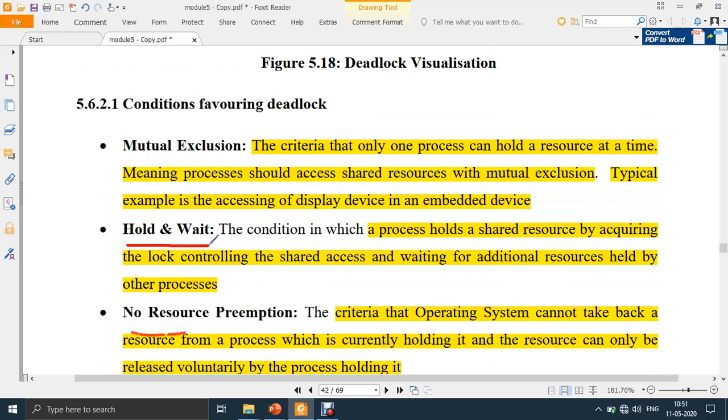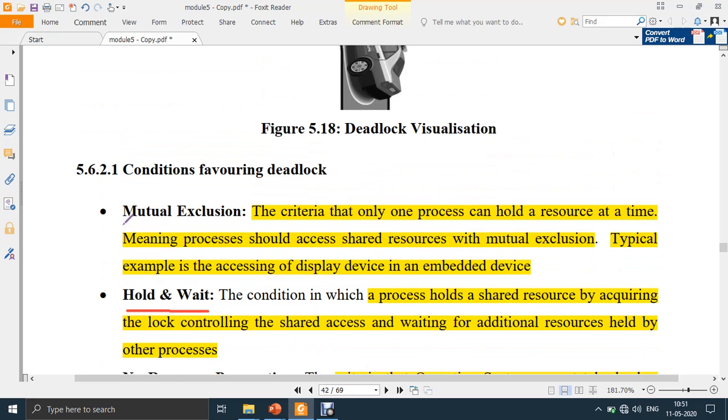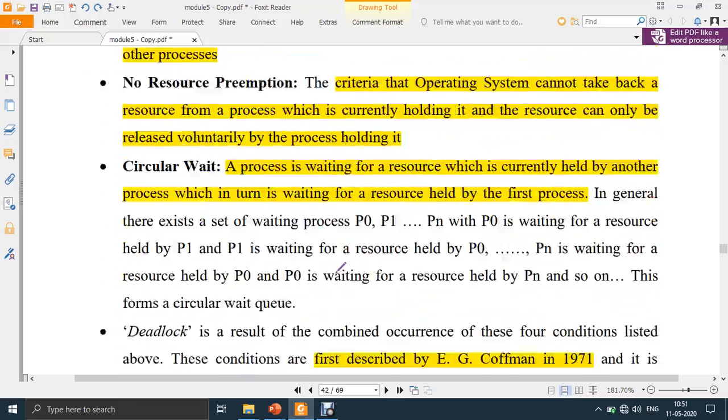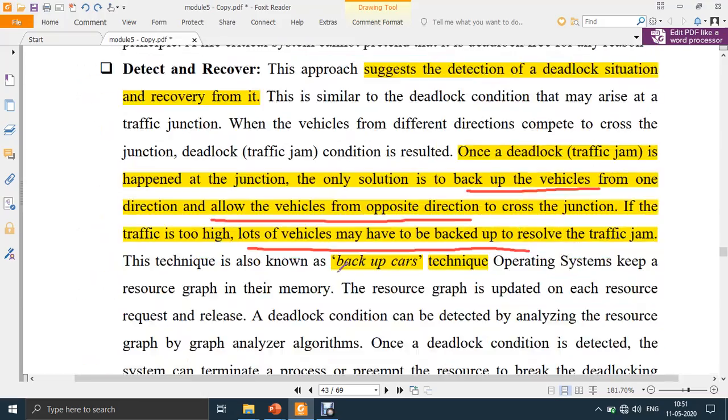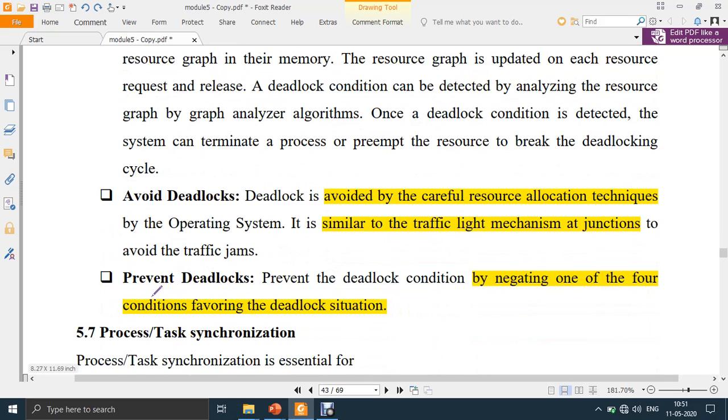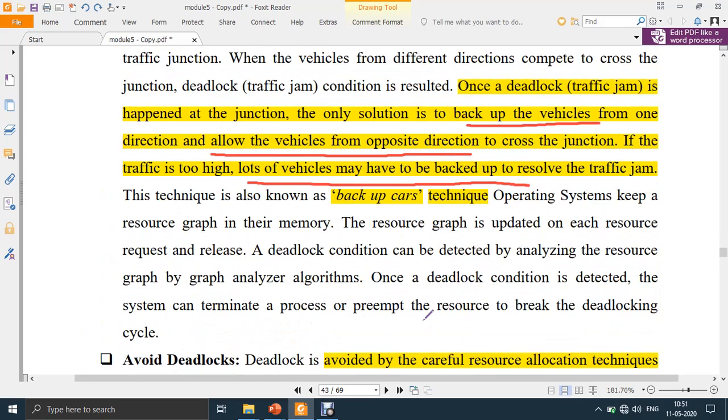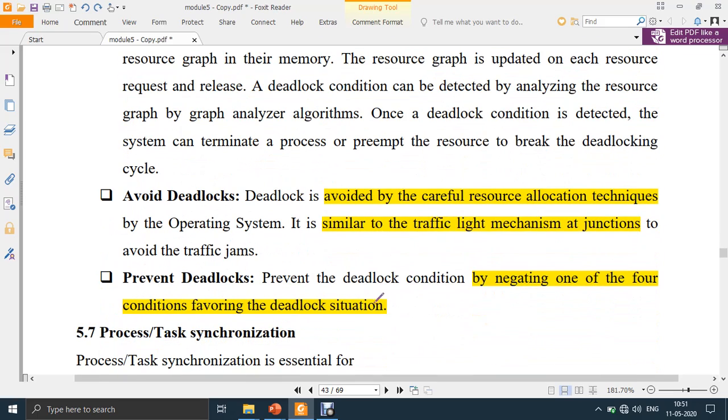You should not allow hold and wait, and you should allow mutual exclusion. So that is the last way of coming out of the deadlock. Prevent deadlocks by negating one of the four conditions we discussed, the Kaufman conditions.